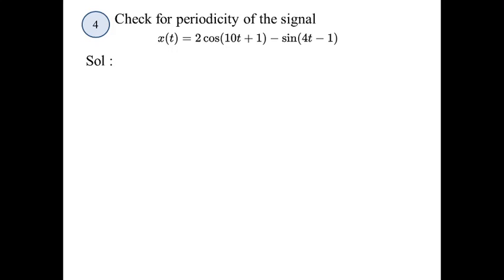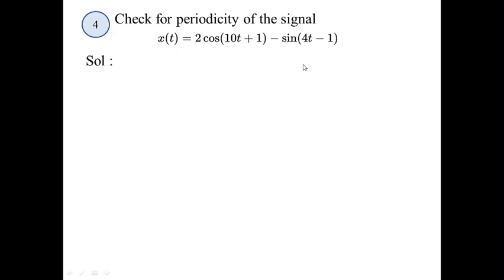The different thing in this problem is, earlier you have seen problems where there was just one type of signal, but here you can see that the given signal x of t is an addition of more than one signal, right? So in this case, how will you proceed for the solution?